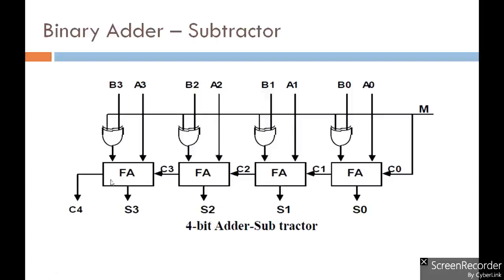Here also we have used 4 full adders, and it also has one input carry C0 and one output carry C4, and it also generates the sum bits S0, S1, S2 and S3. So the only difference in this figure is the XOR gate applied to the B3, B2, B1 and B0 inputs.